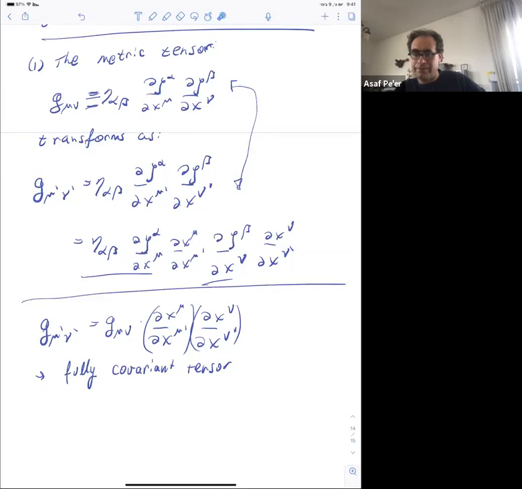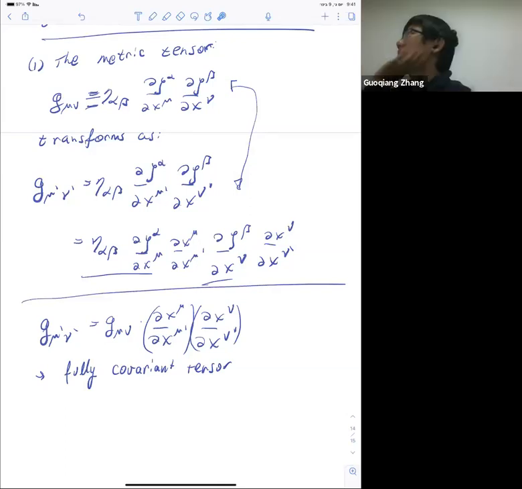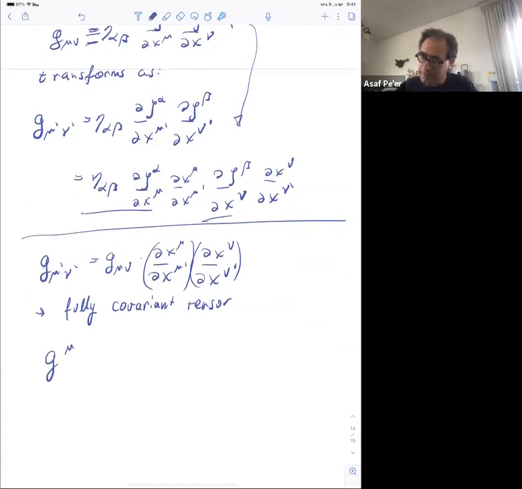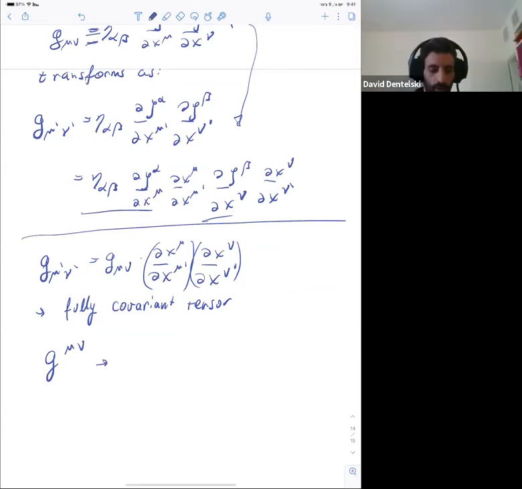Okay? Okay, thank you. So g is a fully covariant tensor, right? What about g with upper indices? The same, contravariant. Exactly, this is a fully contravariant tensor.